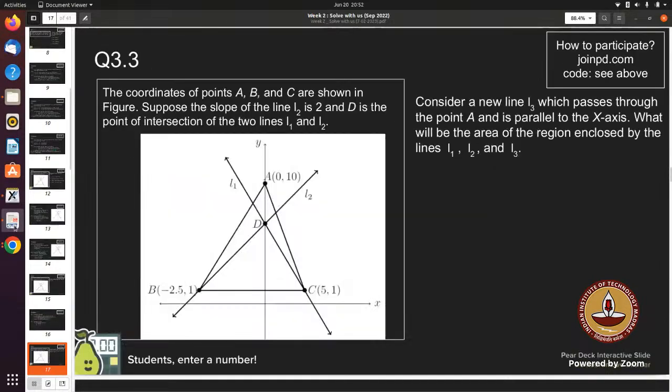Okay, fine. For the same diagram, same information, now consider a new line L3 which passes through the point A and is parallel to the x-axis. Then what will be the area of the region enclosed by L1, L2 and L3? So if I draw L3 here, passing through the point A, what will be the area of that triangle which is enclosed by the three straight lines, L1, L2 and L3?